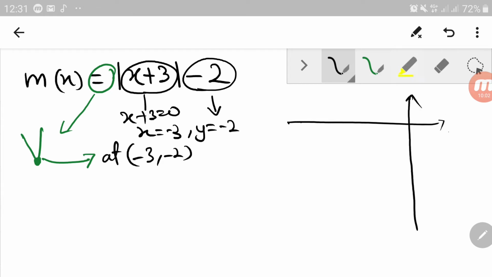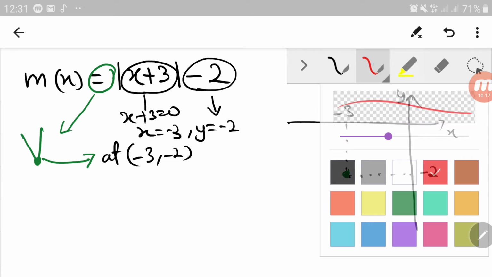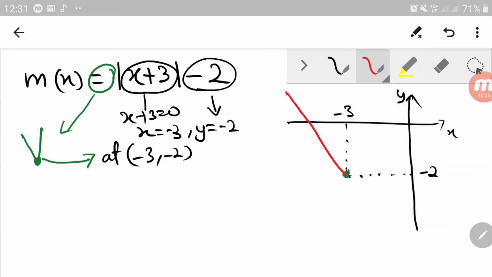So we have here minus 2, we have minus 3. This is the point, and our function is a V shape. From the left-hand side it goes like that, with only one possible x-intercept. But when we extend it over here, it might go here or here.